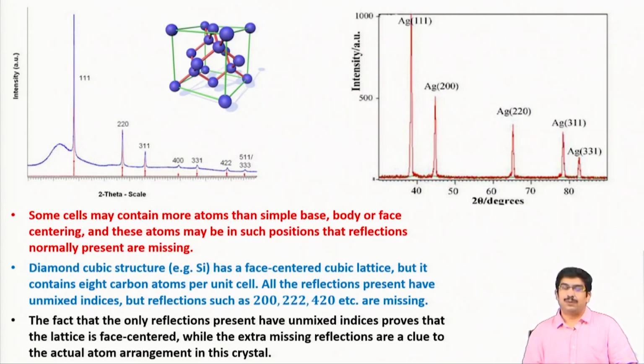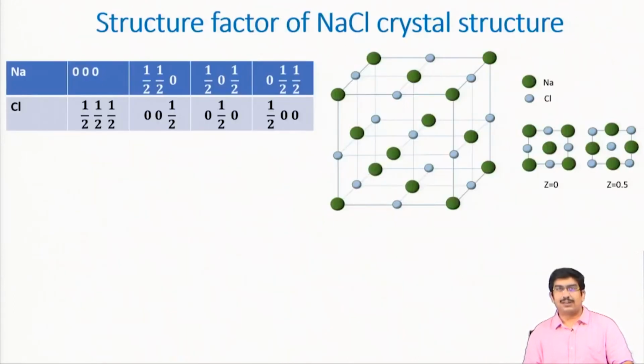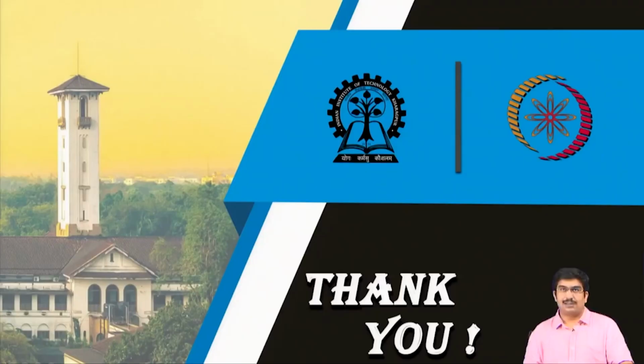Additional conditions control the intensity of the diffracted beams in more complex crystal structures. We will take some particular examples, like the diamond cubic structure in silicon, and we will also possibly discuss the structure factor of the NaCl crystal structure in the next class.